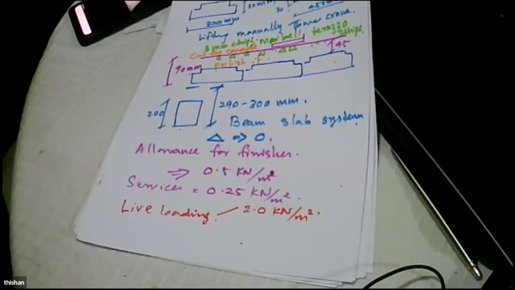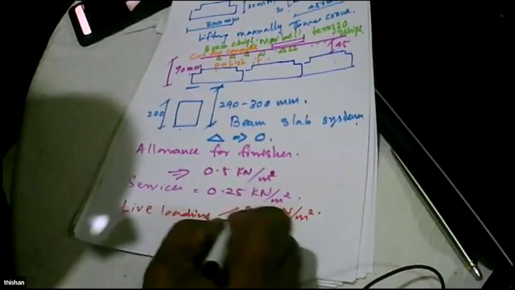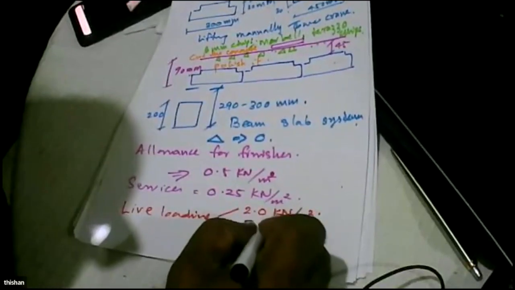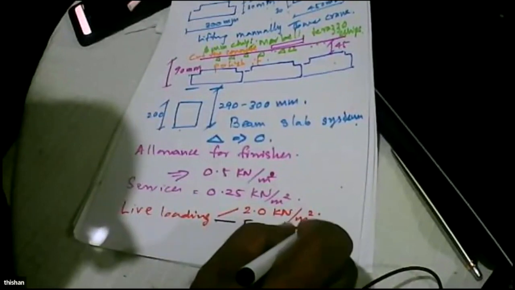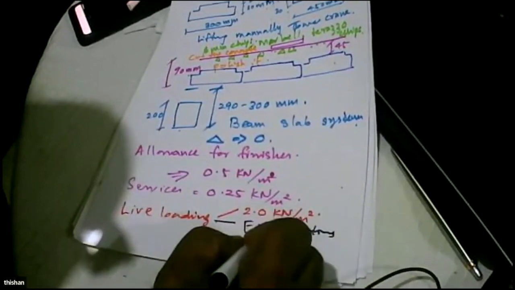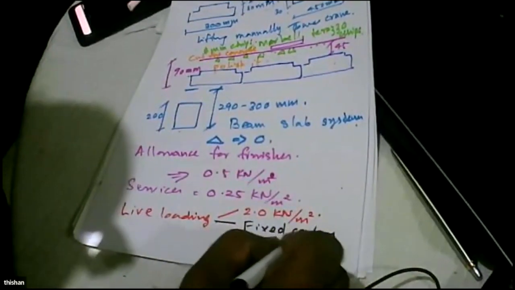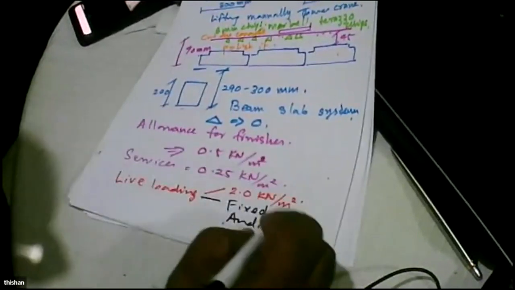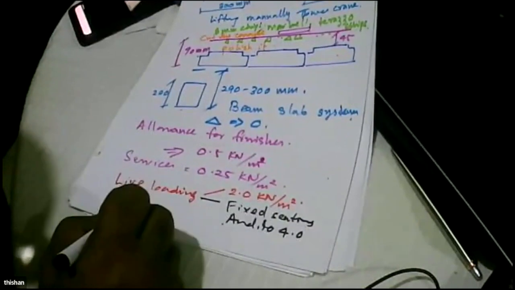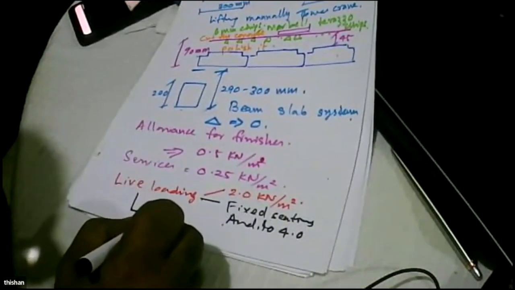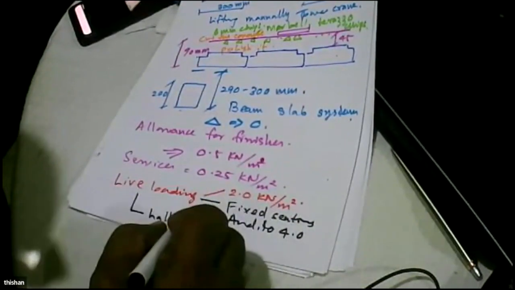But we can use it for an auditorium with fixed seating. In that case, we use 4. On the other hand, we can have a hall with no fixed seating.